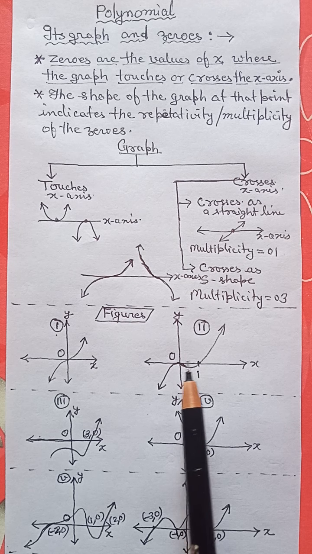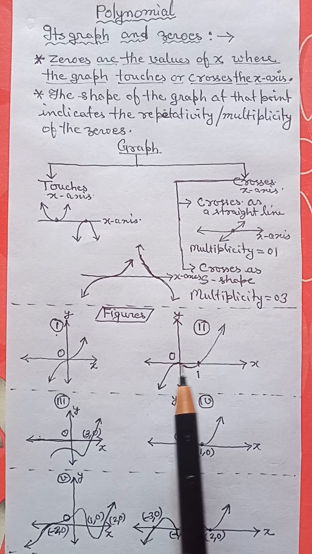Now let us look at the second figure here. Here the graph is touching at x equal to 0. Therefore, there is a zero here and that zero is 0. And this zero occurs 2 times in the polynomial.